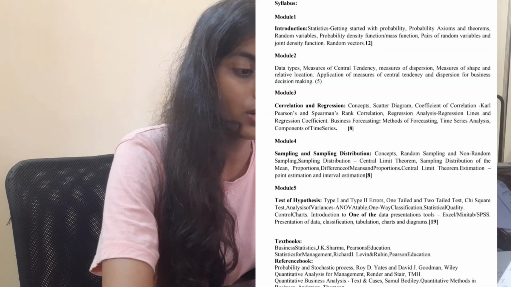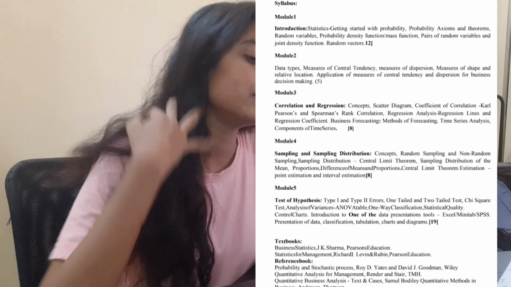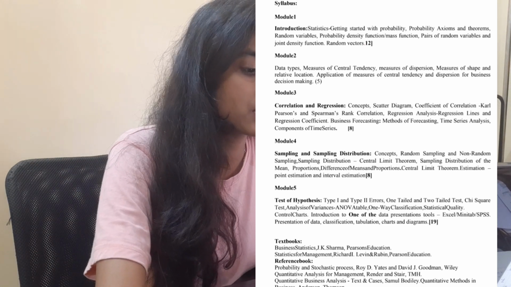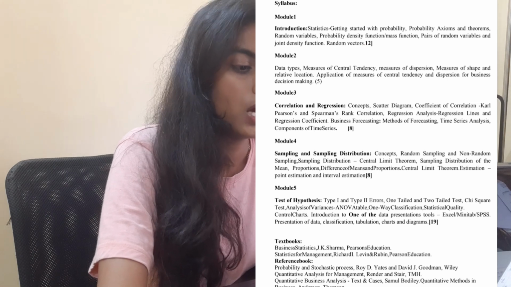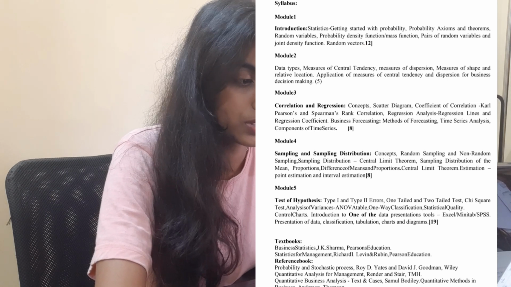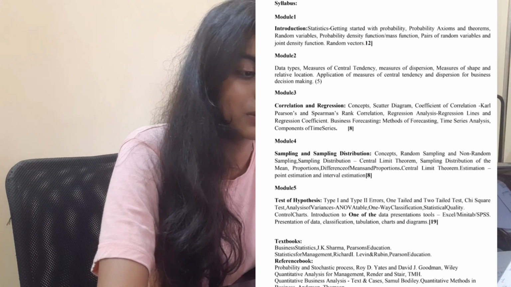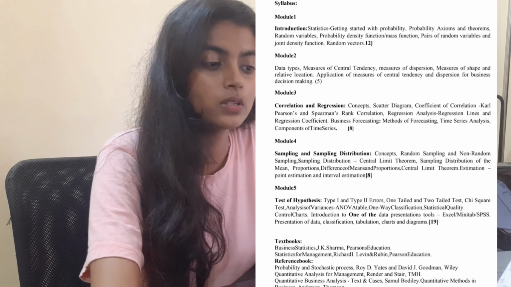Fourth module is sampling and sampling distribution, in which concept, random sampling and non-random sampling, sampling distribution, central limit theorem, sampling distribution of the mean, proportions, difference of means and proportions, central limit theorem, point estimation and interval estimation.